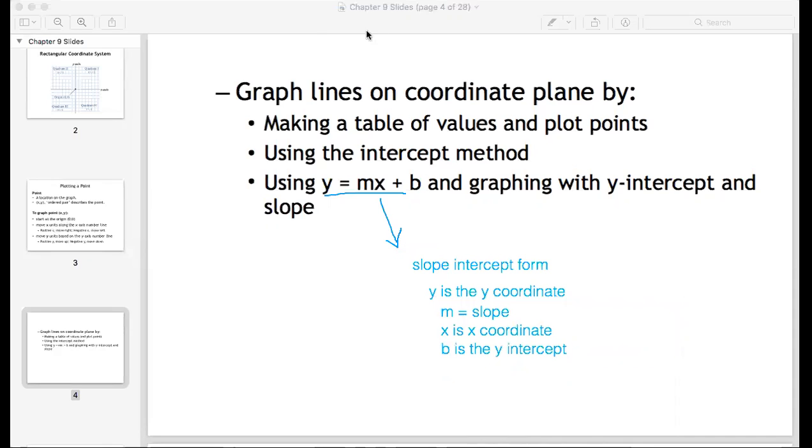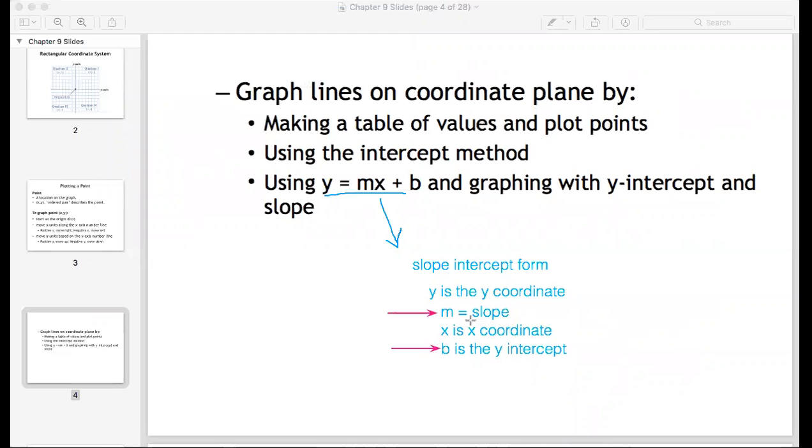Now remember, the key pieces that you want to be aware of are the slope and the y-intercept. Remember, y-intercept is where the line is crossing your y-axis. The slope tells us how the line is moving.